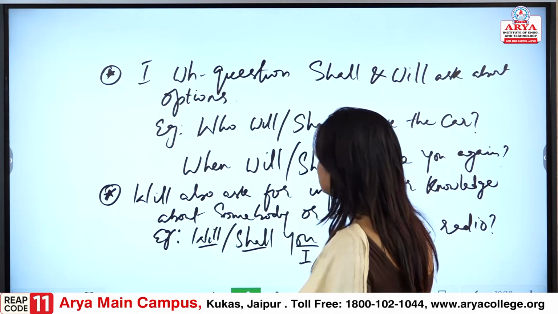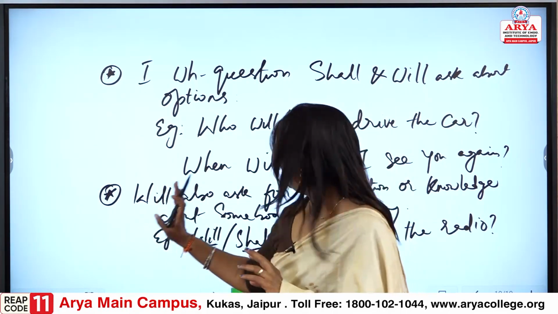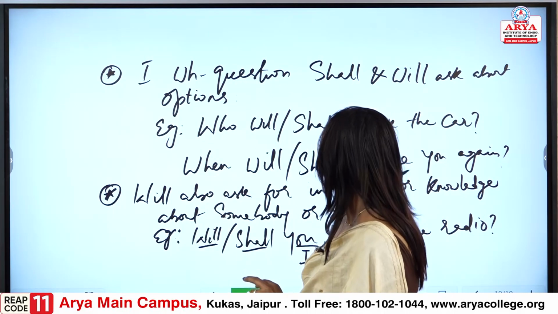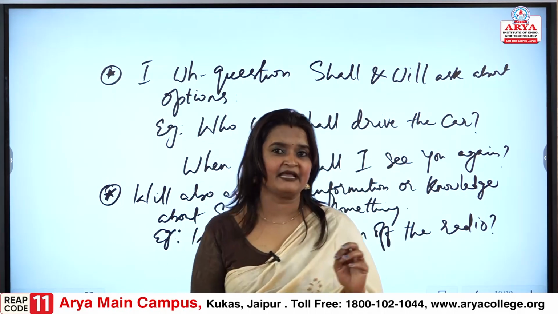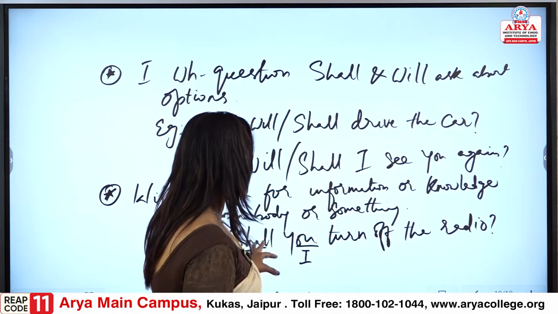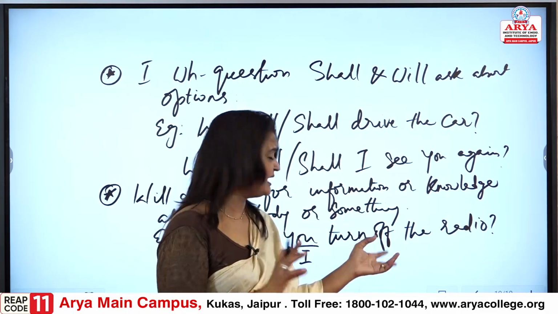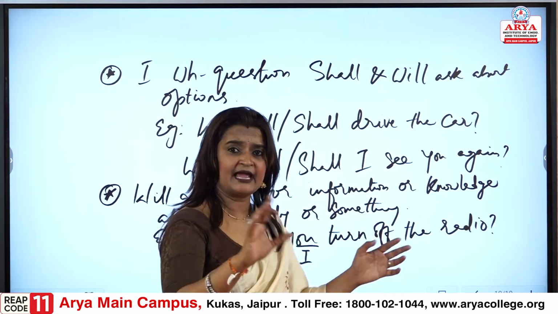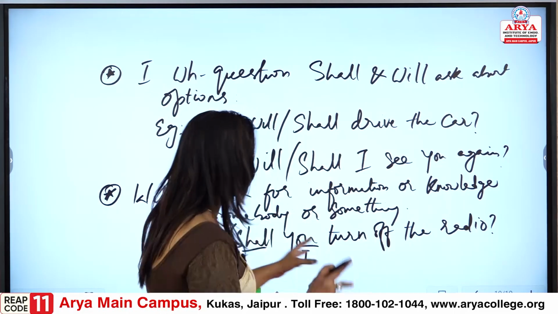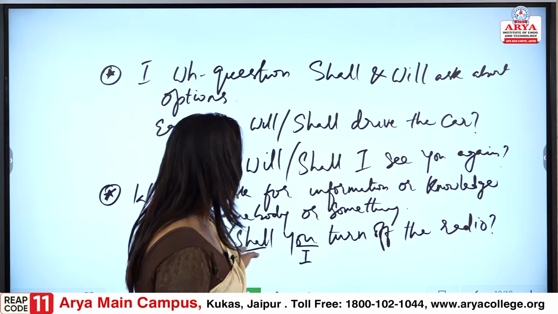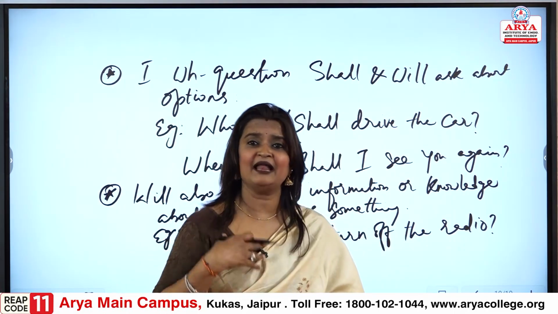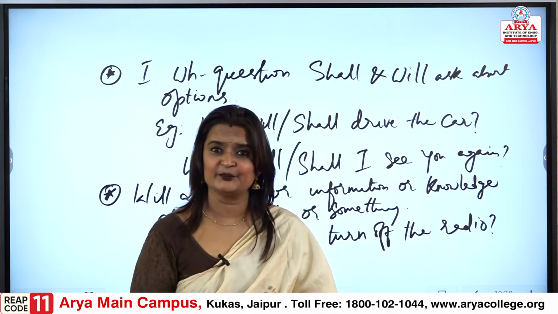See, it is will also asks for information and knowledge about somebody, but every time, will or shall plays its role. So, when it is for you, the second person, will you turn off the radio? I am telling you, turn off the radio.